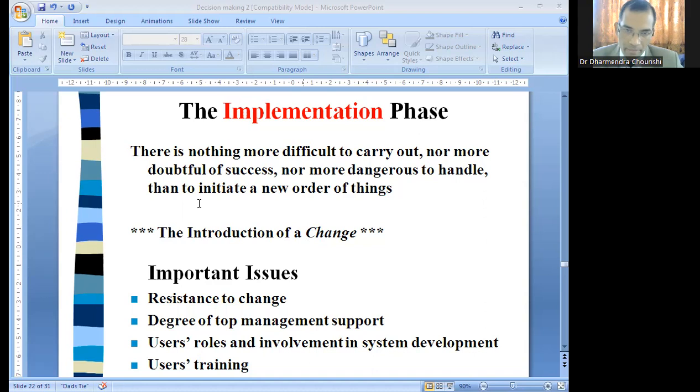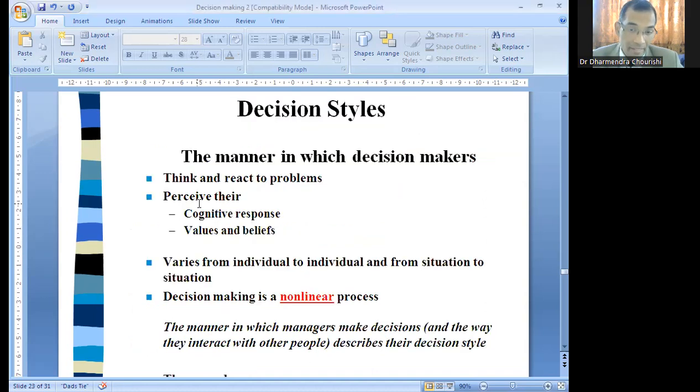In this implementation phase, there are decision styles as well: the manner in which decision makers work in a particular situation, think and react to a problem. In it, you have to be very calculative and the ability of analysis should be used, because this particular phase is quite crucial in the decision making system.